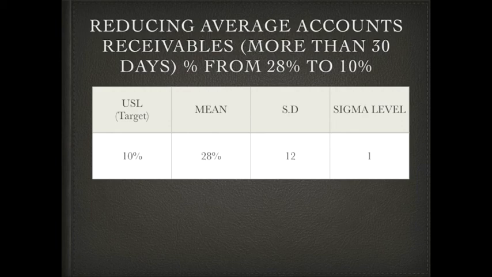So for this project, reducing accounts receivables percentage, the sigma level at which the organization is performing is sigma level 1. They still have to improve this process from 1 sigma level to achieve 6 sigma level.